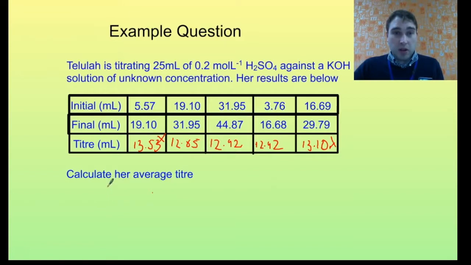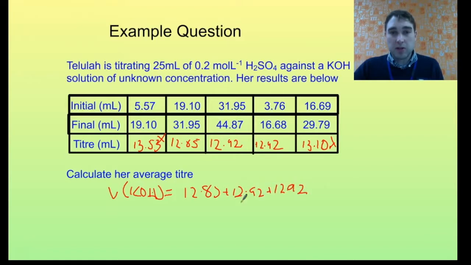So my volume of potassium hydroxide is going to be equal to the average of the 3 that I'm going to use. So 12.85 plus 12.92 plus 12.92. And I'm going to divide that by 3. So go back to my calculator.